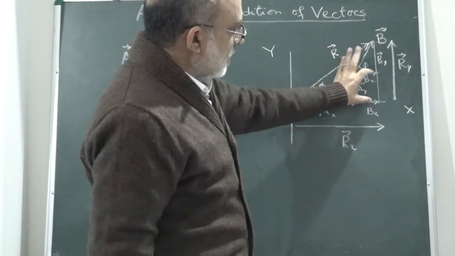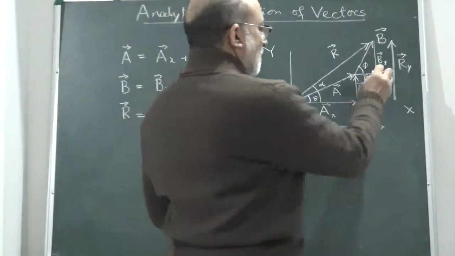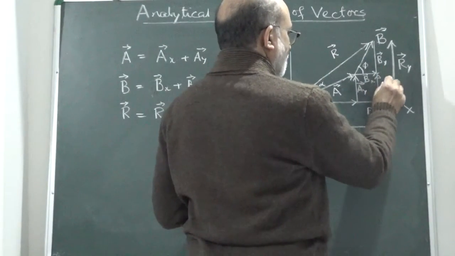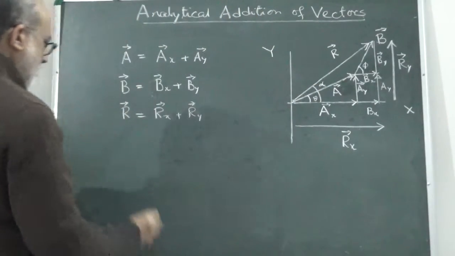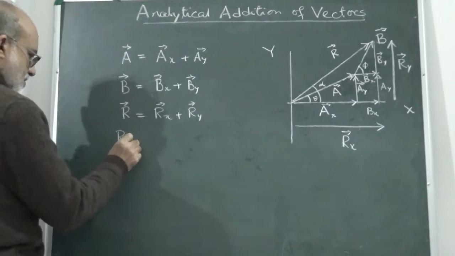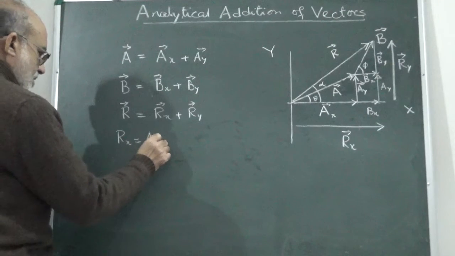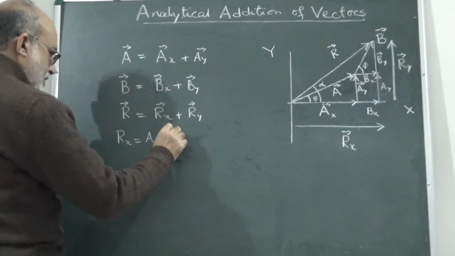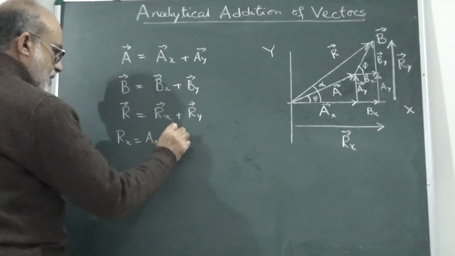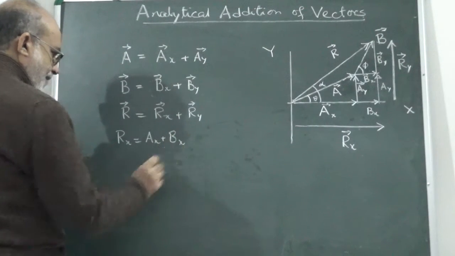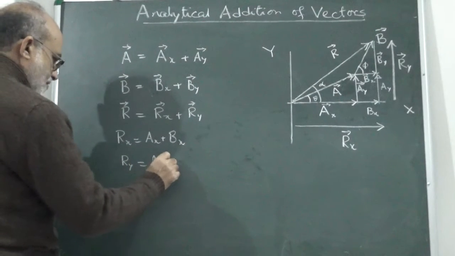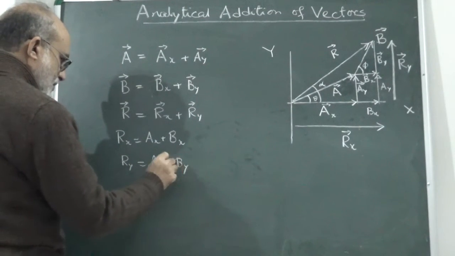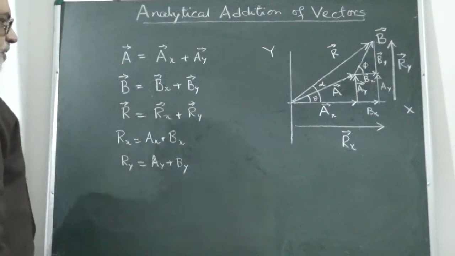Similarly, if this is Ay, this will also be Ay. So we can say that Rx is Ax plus Bx, and Ry is equal to Ay plus By.